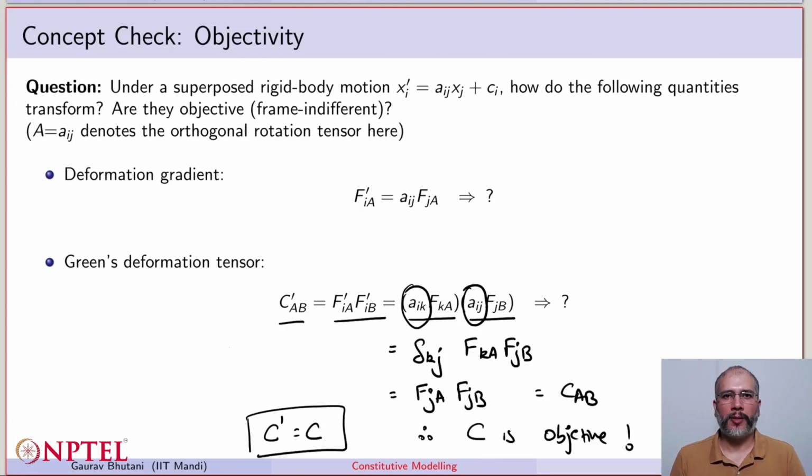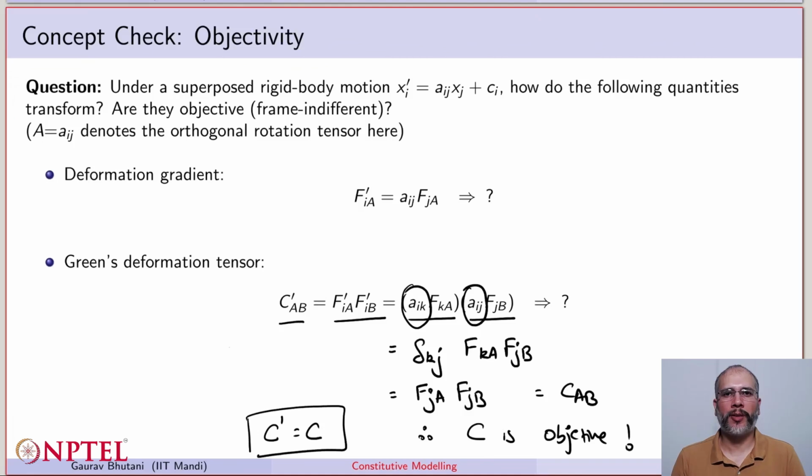So this is the idea of material frame indifference, which allows us to check whether the quantity or the measure is indifferent to material frame rotation or translation or not. We also call this sometimes a check for superposed rigid body motion. The idea is that the observer in the spatial coordinate system has rotated. So we rotate the spatial coordinate system, also translate, but since the quantities usually filter out the translations, we only talk about rotations in general.